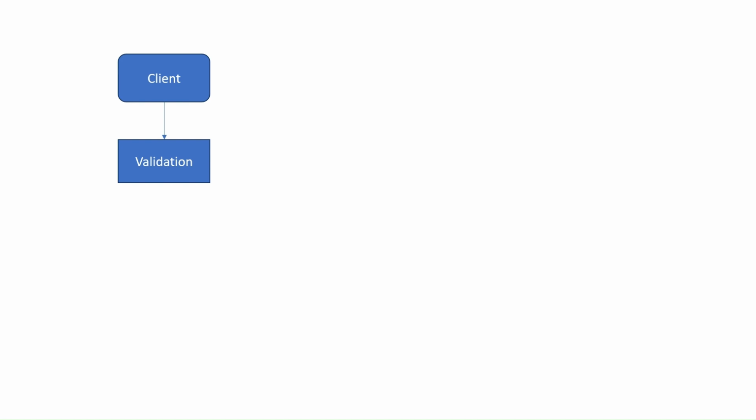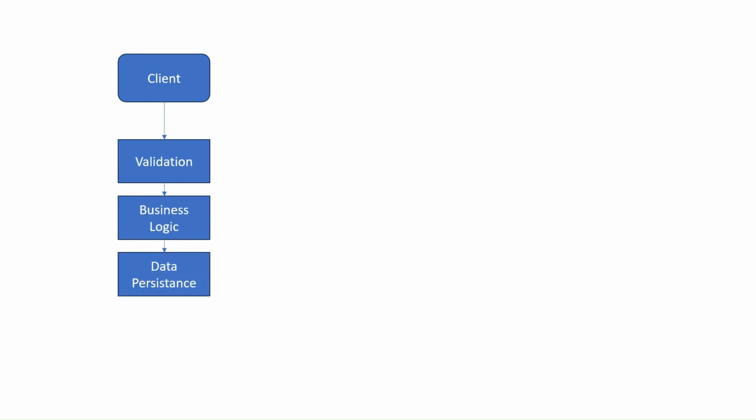The client sends a command object and it validates whether that particular command object is valid or not, so as to prevent errors down the line. Then we have some business logic which operates on top of this command object, and after the business logic execution to compute some parameters, it is passed on to the data persistence layer to write it into the database. So this is how the write workflow happens.